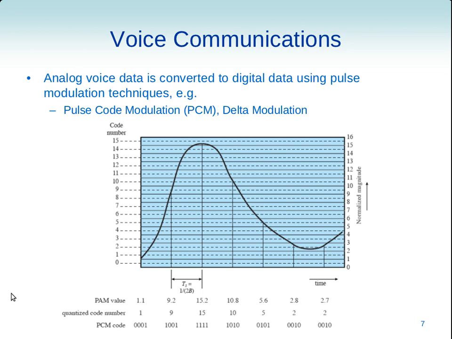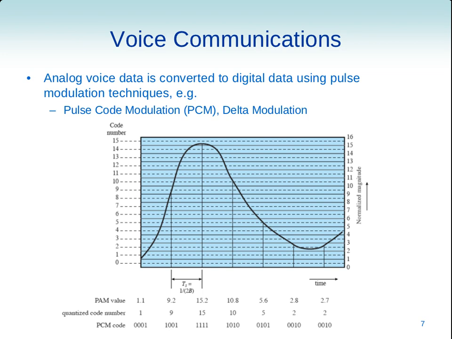When we're talking about data and internet communications, we are talking about sending bits across our network. Our voice is an analog signal, analog input. To convert that into bits, we use modulation. And in the course last semester, we covered in some depth how pulse code modulation, PCM, works.